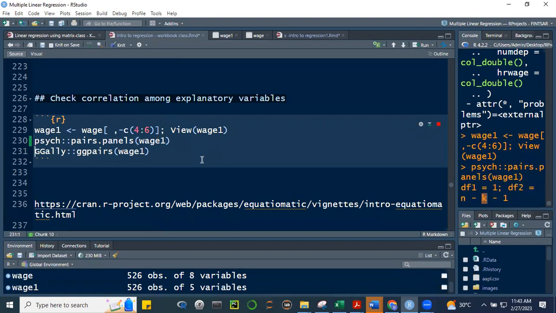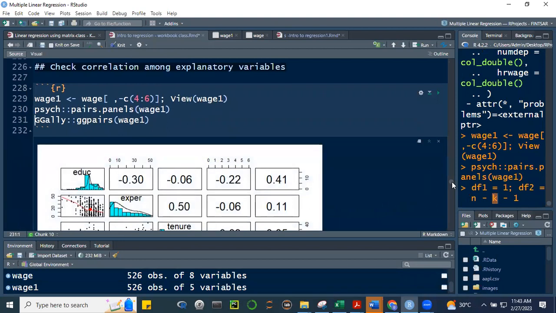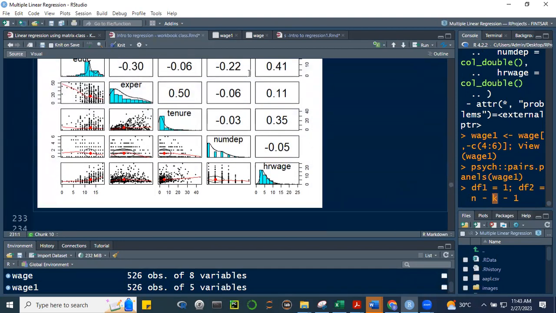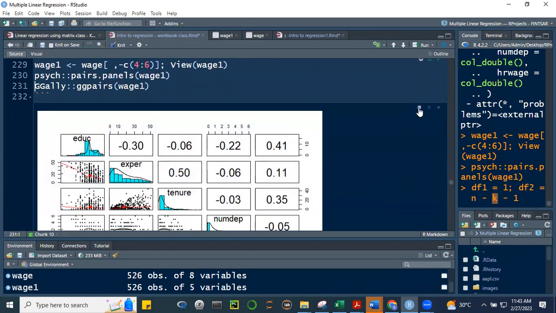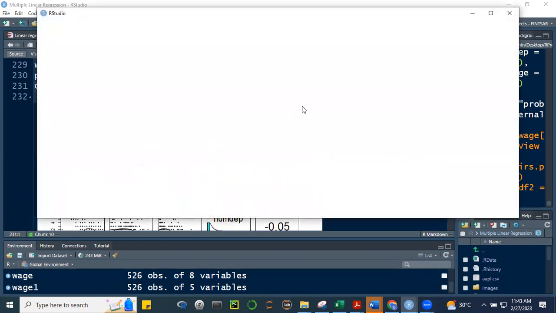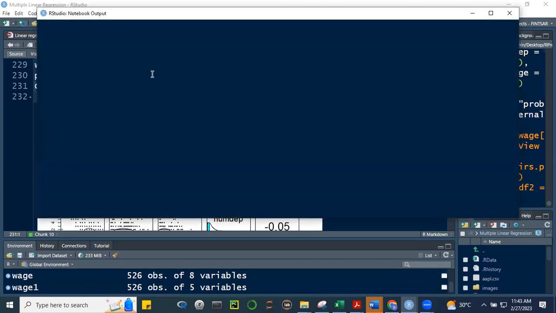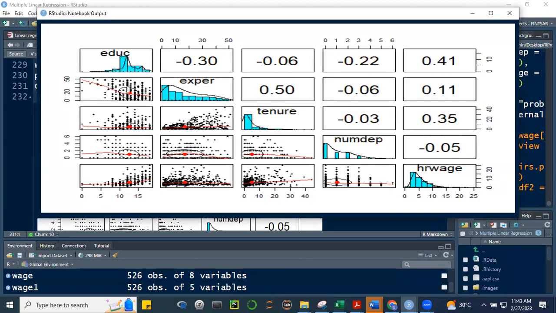So if we do this, lalabas dito, makikita natin correlation. Okay, so the correlation between education and experience is negative 0.3. No? Ito yung plot niya. Ito yung scatter plot niya.